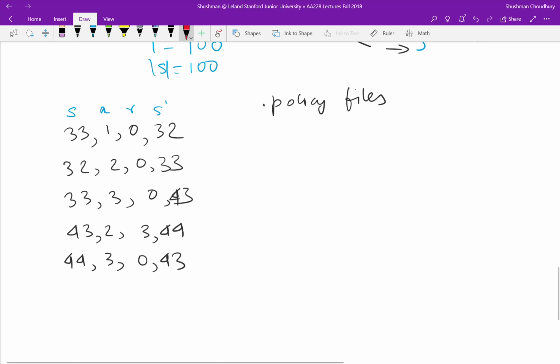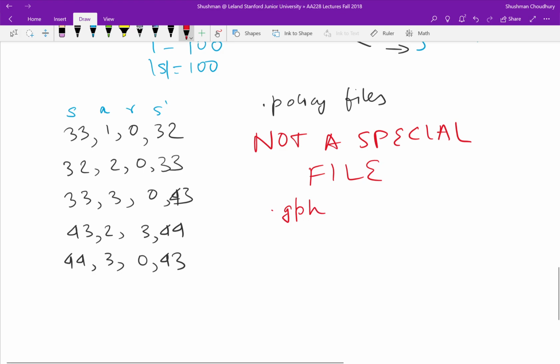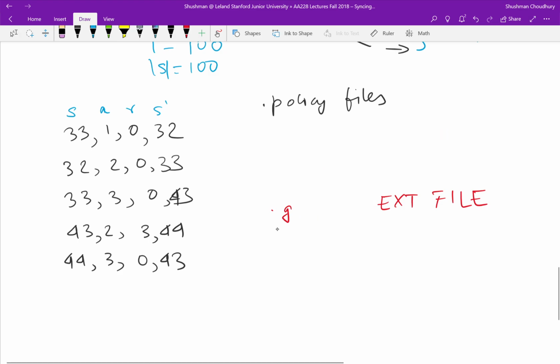So the policy file is not a special file. Someone had an issue with .gph extensions, so it's not a special file, it's just a text file. So if this wasn't clear already, anyway, let me just get rid of that.